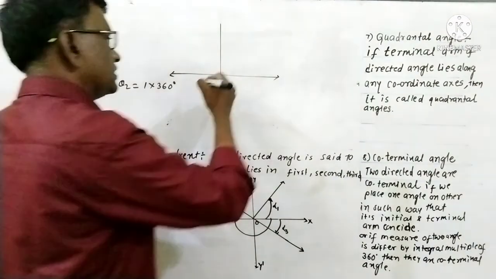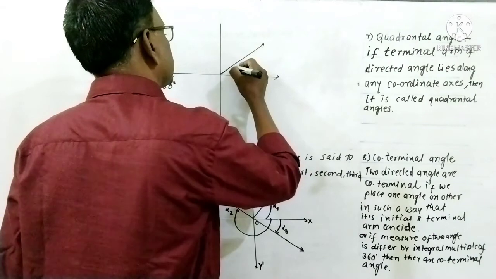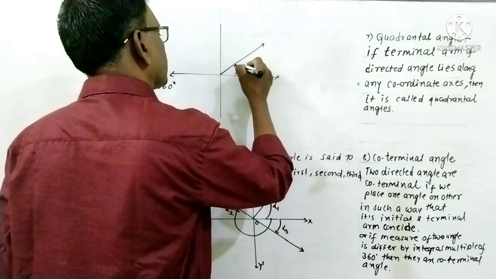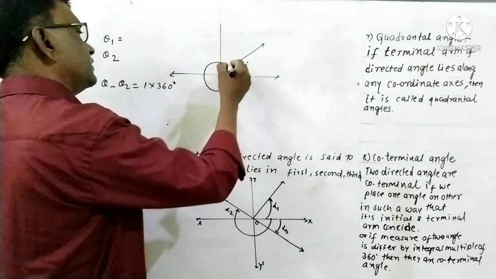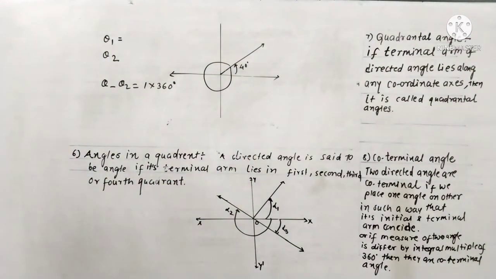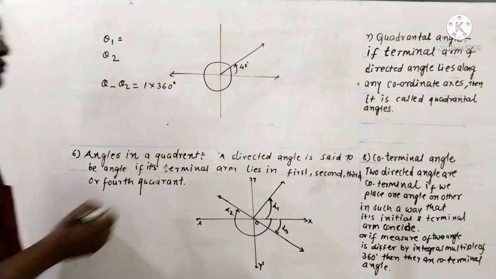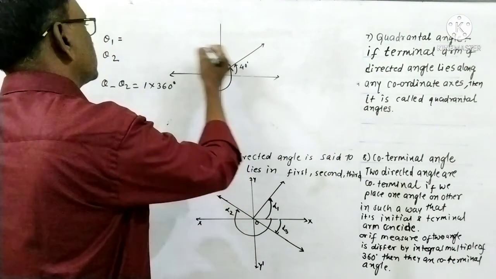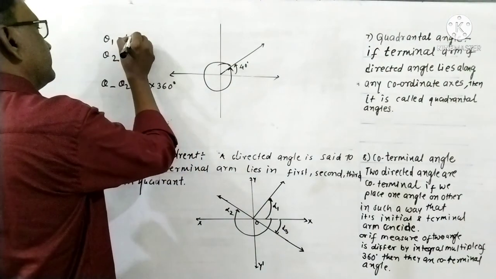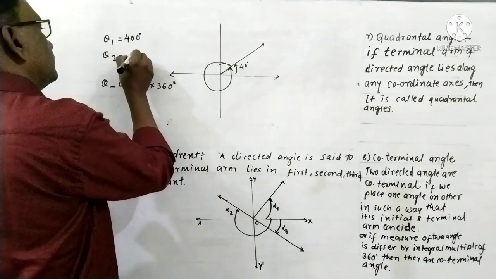Suppose this is an angle of 40 degrees and this total angle is equal to 400. Theta 1 is 400 and theta 2 is 40 degrees.